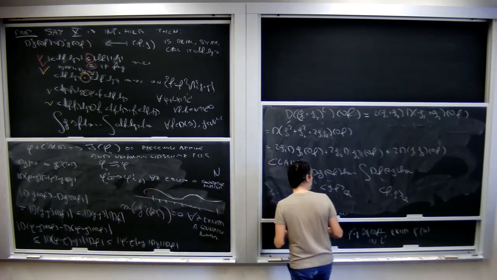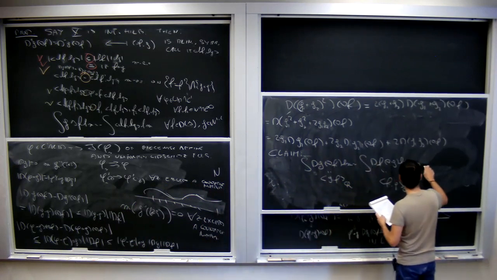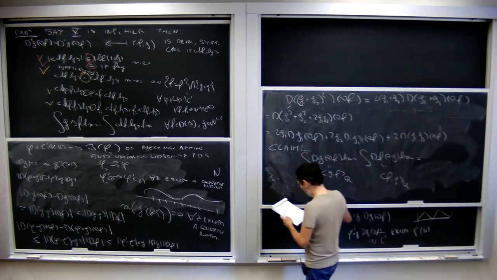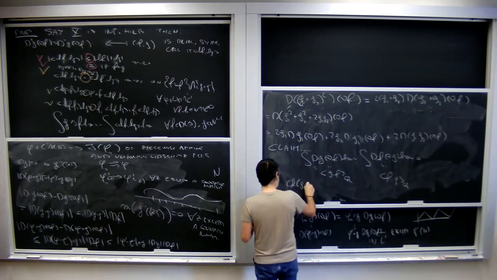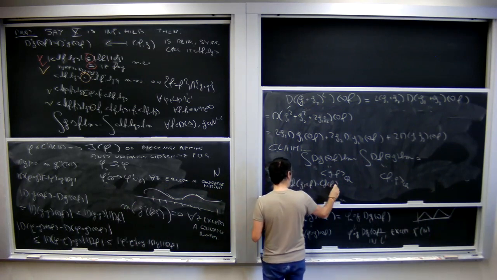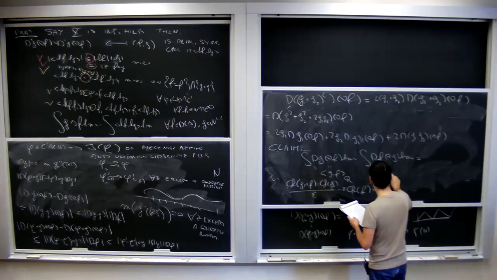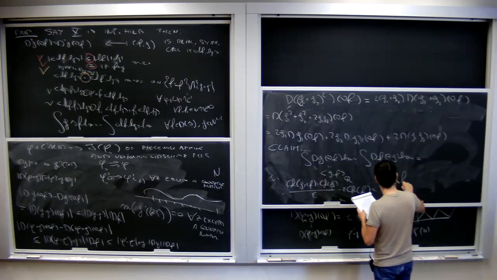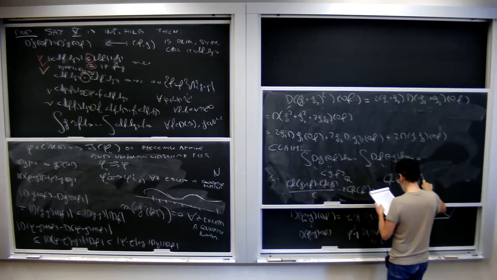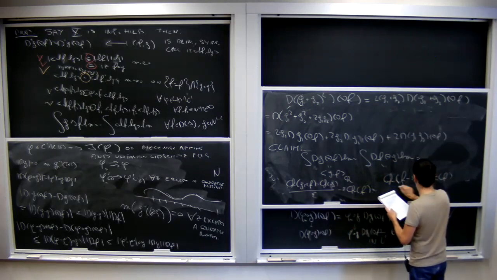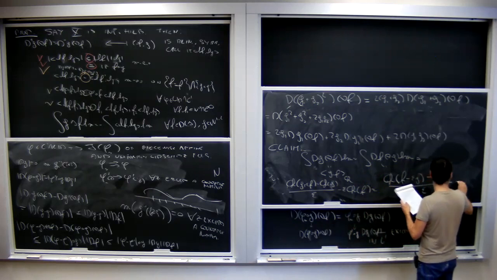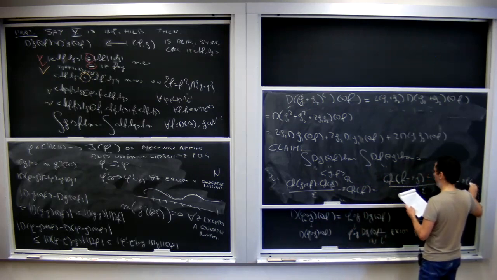So actually, let me write an identity. The Gigli energy of G plus epsilon F minus the Gigli energy of G, divided by epsilon, minus epsilon times the Gigli energy of F. I'm reproving with this identity the symmetry of a scalar product induced by a quadratic form, the Gigli energy.